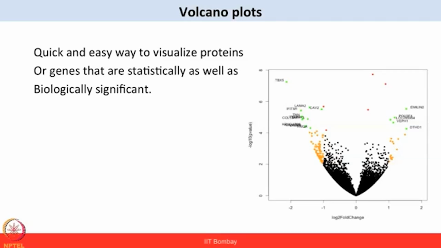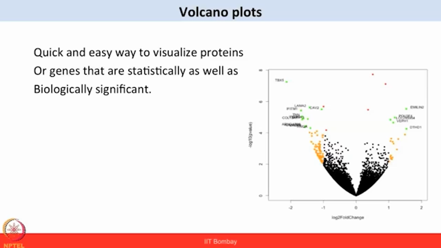This disease to control ratio is called the fold change in terms of expression values. So if we plot the log2 of fold change and the negative logarithm of the p values, we can know which points are statistically significant in terms of p values and also significant in terms of fold change.